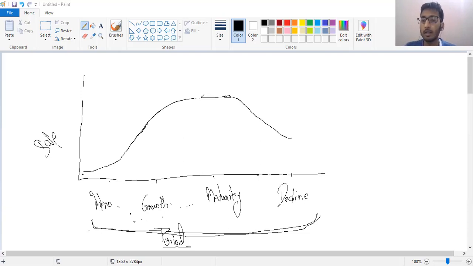or it started to decline. Now, since the competition is high, you need to do some research, you need to develop your product so that you can still be there in the market. Now, since it is in the maturity stage, you do not want to do more marketing, because you are already established in the market. But the one thing about the maturity stage is that competition would definitely be high.